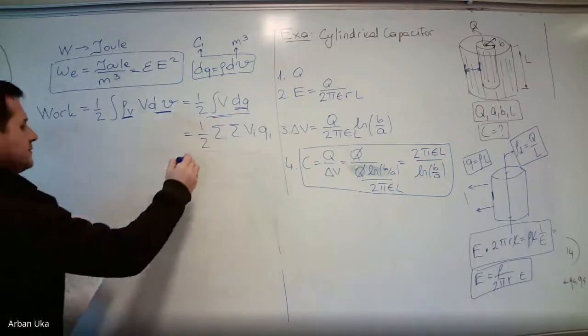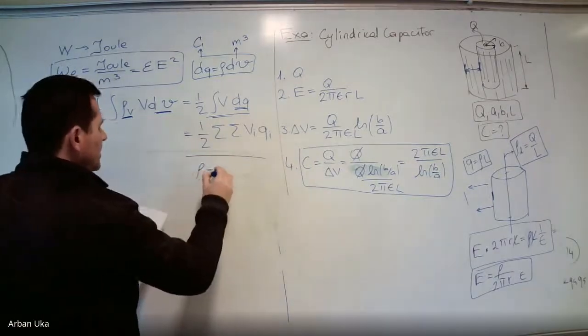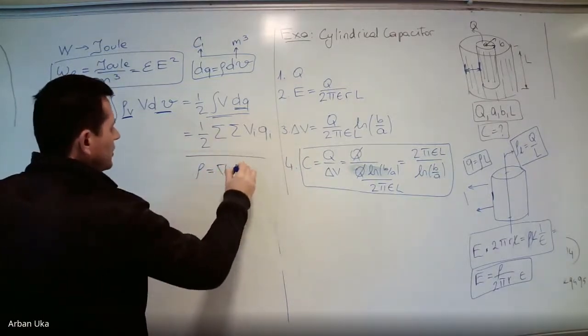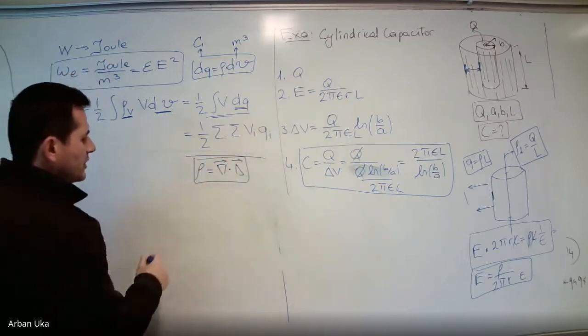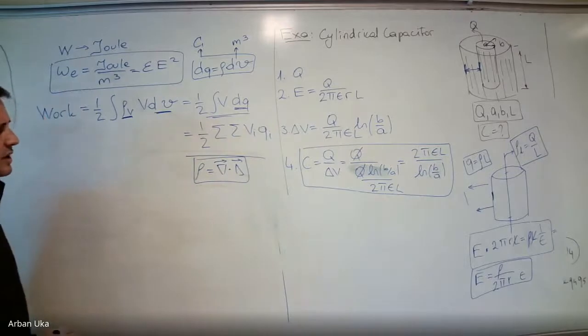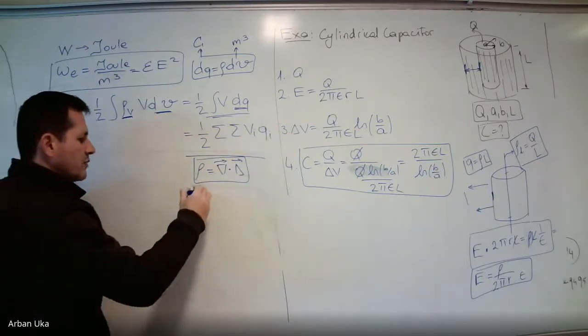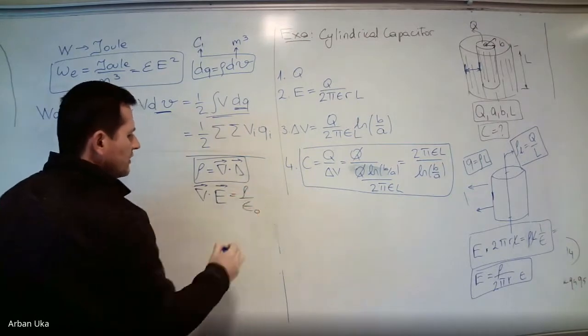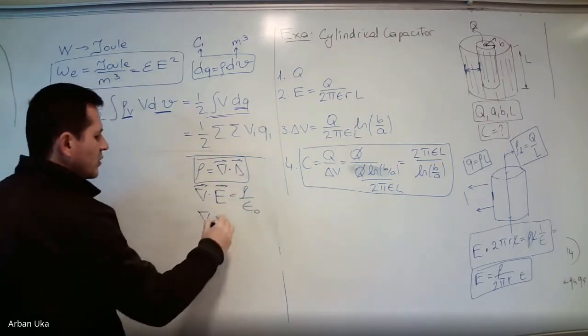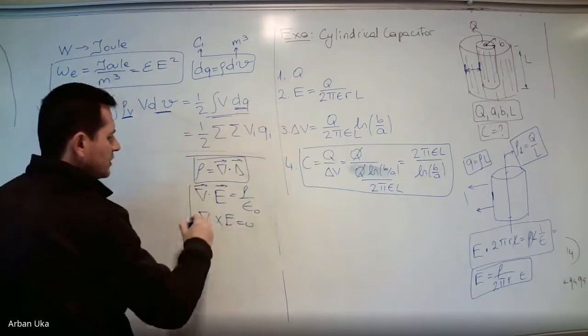We know that the charge density is equal to the divergence of the vector field D. If you remember, we had two postulates for electrostatics. The first postulate for electrostatics was that the divergence of E was equal to rho divided by epsilon 0, and the curl of E was equal to 0.